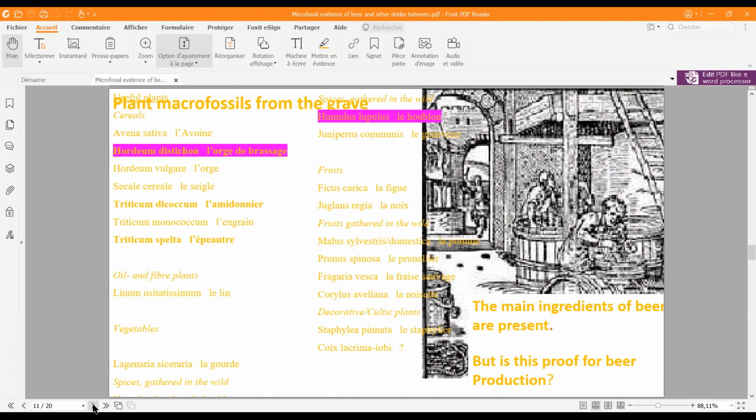And highlighted is the most common cereal on the top, brewing barley. And also hops were present, also highlighted.